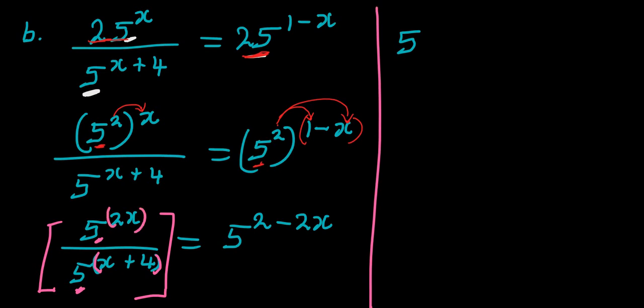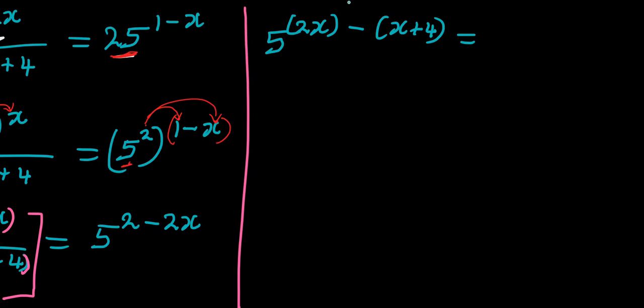So when we do that, we're going to have 5 exponent (2x), you can put that in parentheses, minus (x + 4). So this will be equal 5 exponent (2 minus 2x). So at this point, this is like negative 1 here.